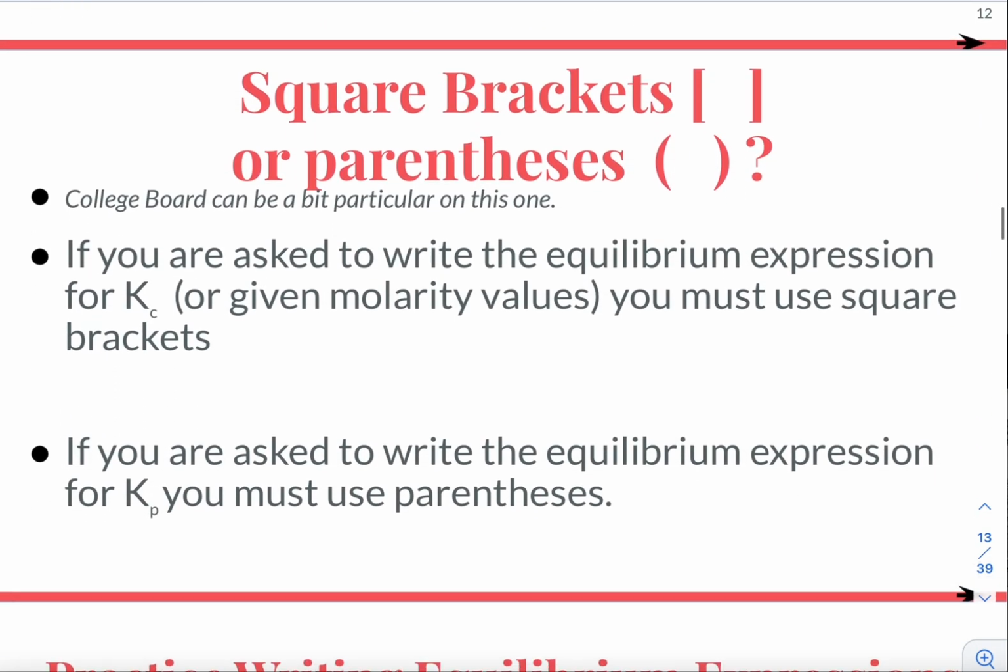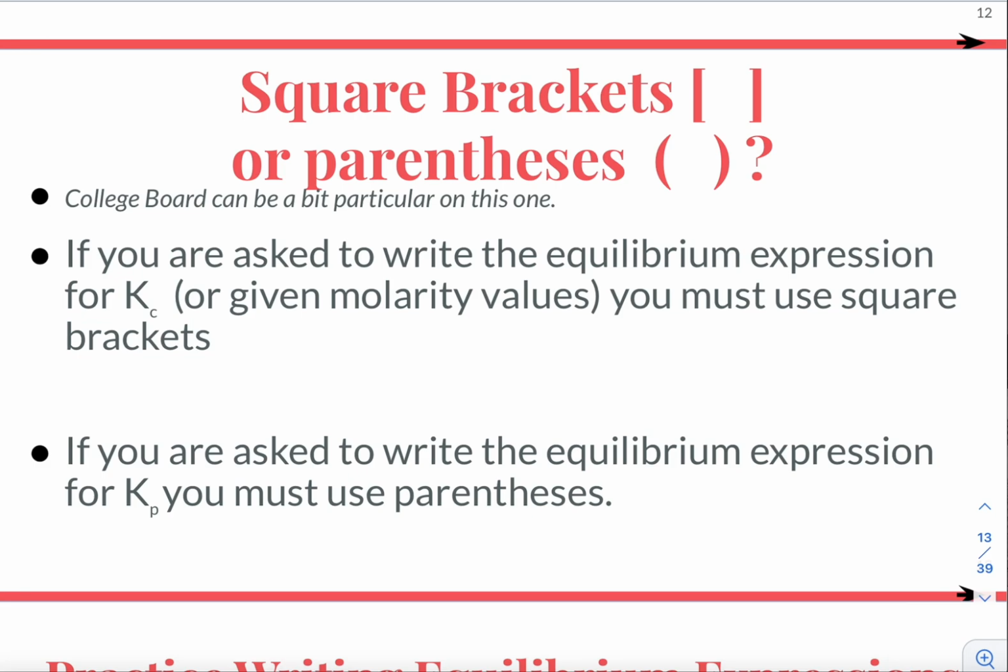So here's when we talked about the square brackets versus parentheses. You want to be careful about this on your free response questions because you can get these wrong. Like you get the whole expression wrong if you use the wrong one. Okay. So if you're asked to find Kc or you're given molarity in the problem, you want to use square brackets.